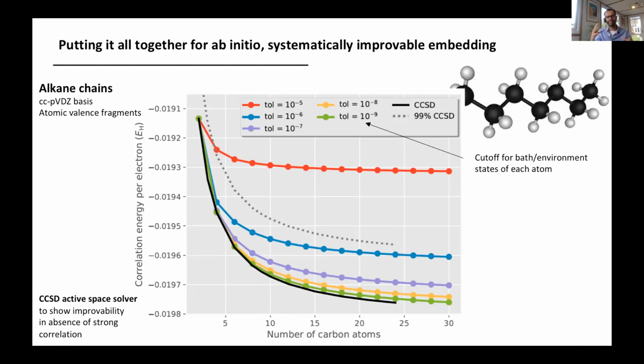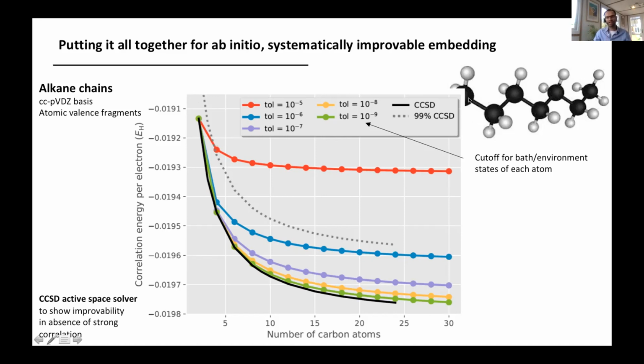There's no explicit truncation in terms of that local excitation space, so it's not limited to a coupled cluster level of theory or a pair double excitation description. Despite that, I'm going to start off by using coupled cluster as my active space solver. The reason is that I can then go to very large active spaces and show that this construction really does systematically converge.